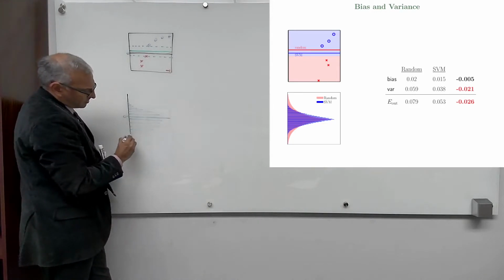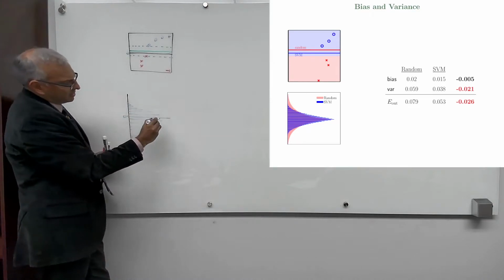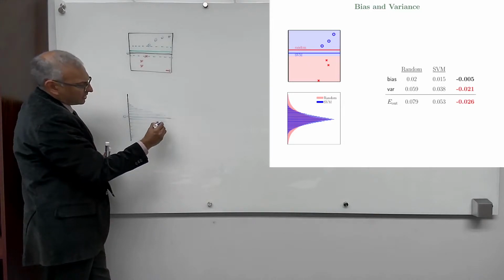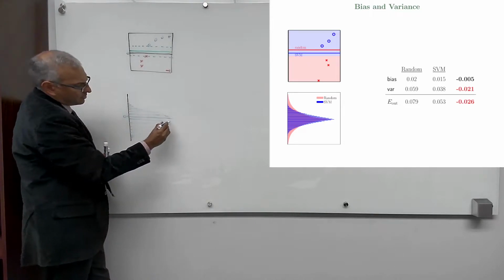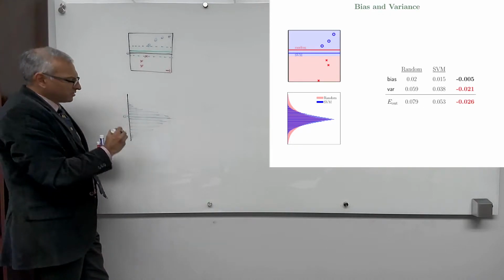Okay, beautiful. Okay, so that's the optimal hyperplane. Maybe it's a little bit taller here. No. Something like this. It drops pretty rapidly. What's happening with the random hyperplane?